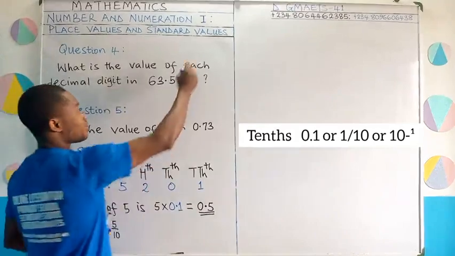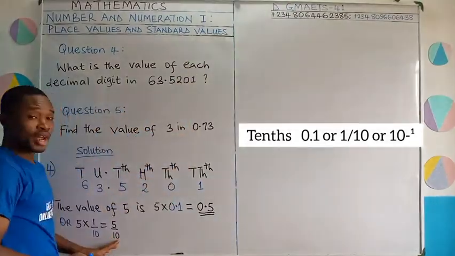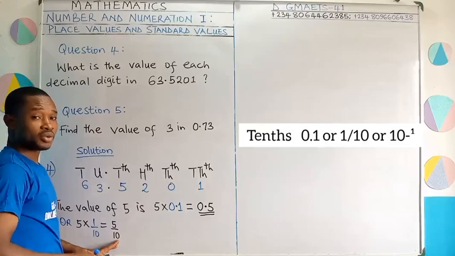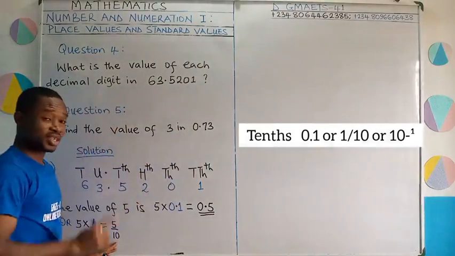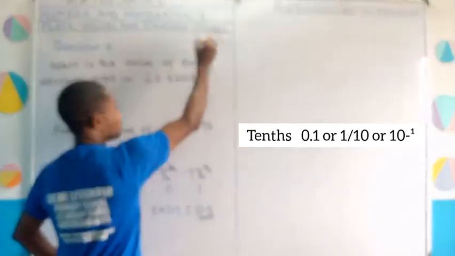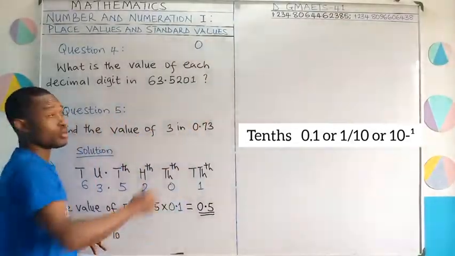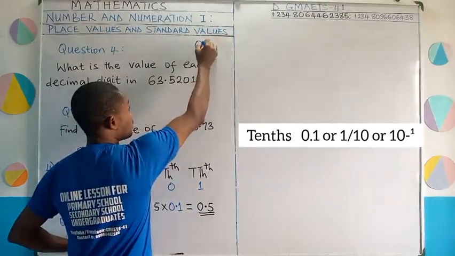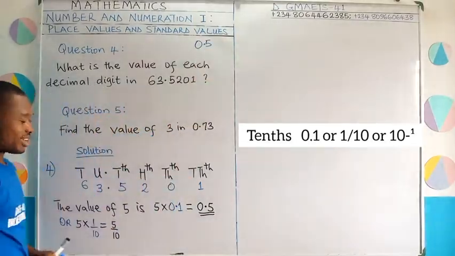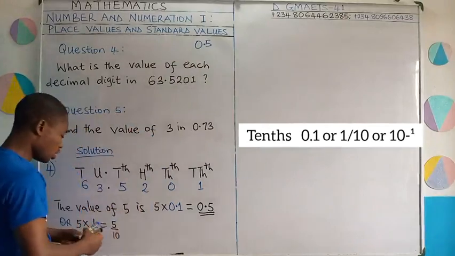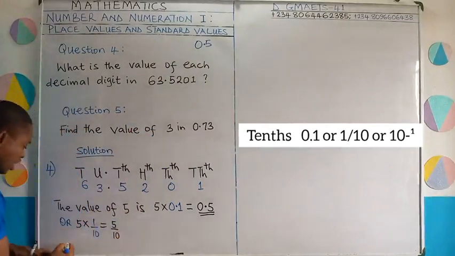To get the answer in decimal, you just write out a 0. How many zeros do you have in 10? Just 1. So you put your 1 zero, then write that numerator there, which is 5, then between 0 and 5, put your point. Alright, let's move on.